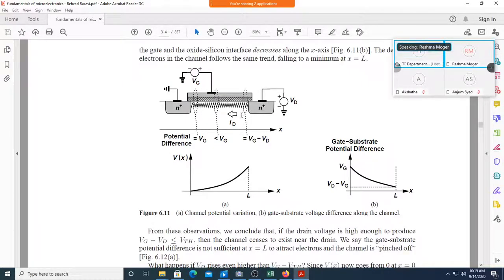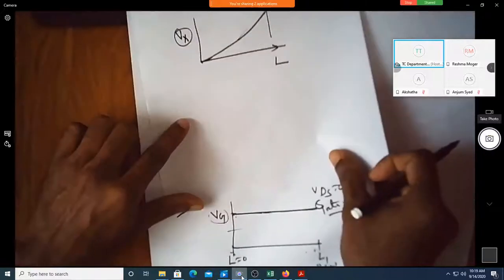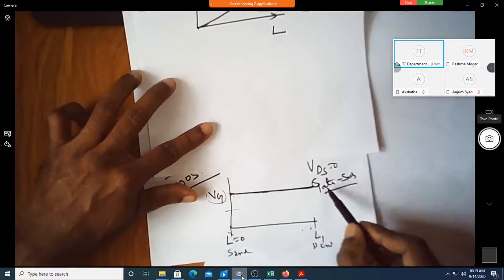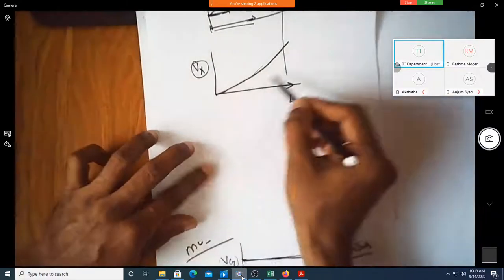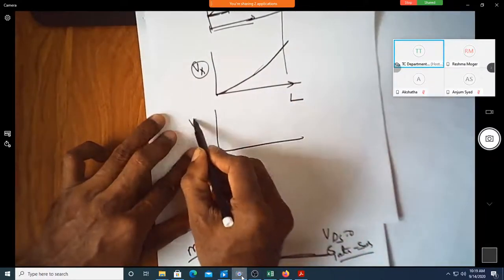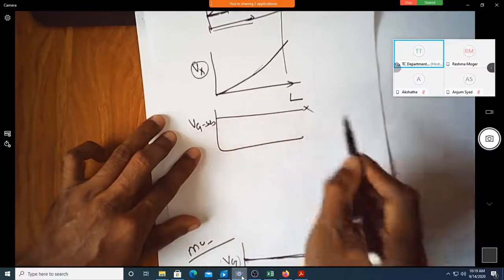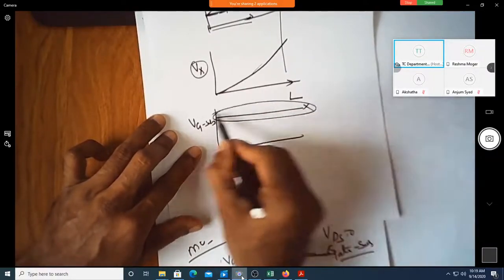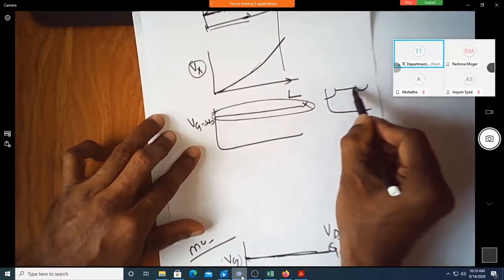When there was no current flowing through the transistor, the gate to substrate voltage was constant. When current starts flowing, the gate to substrate voltage is no more constant. If it is constant, what happens? You're going to have the electron density constant throughout the entire length.